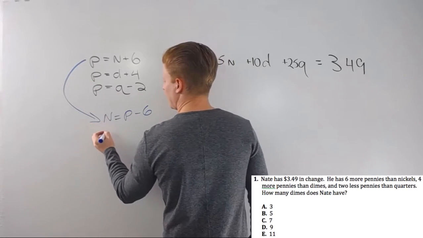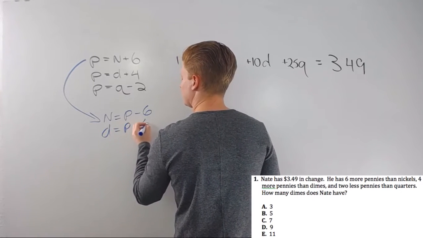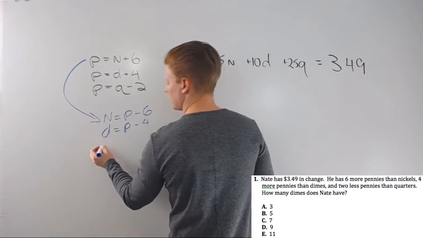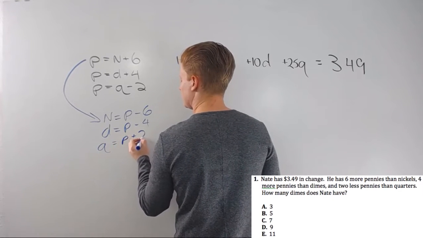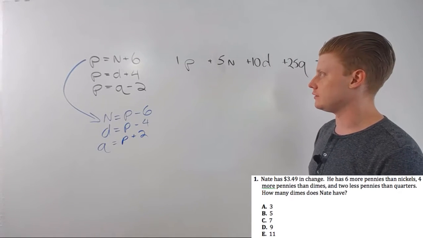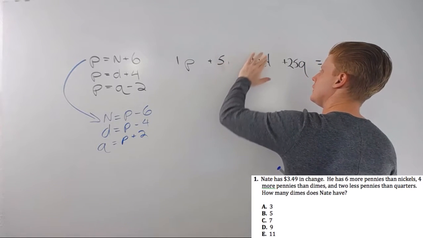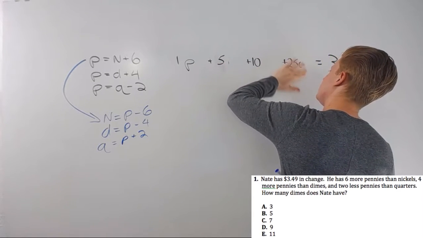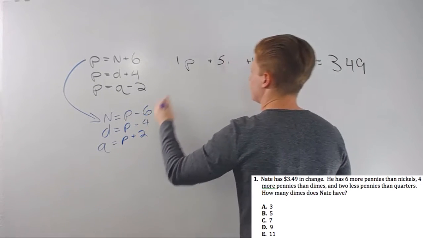Same thing with the dimes. Dimes is equal to p minus 4. Same thing with the quarters. Quarters is equal to p plus 2. Now I can go ahead and plug things in. So let's rewrite n, d, and q, substituting in this side of the equation for each one.